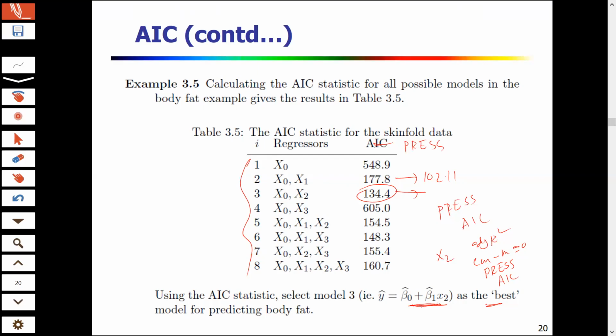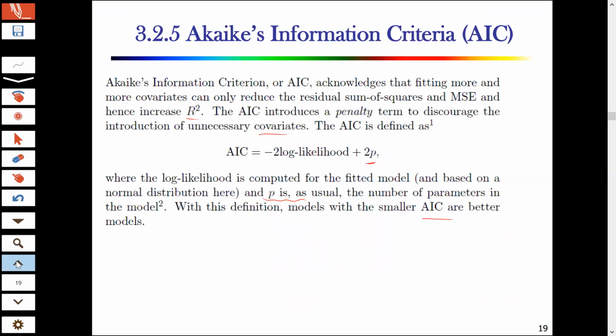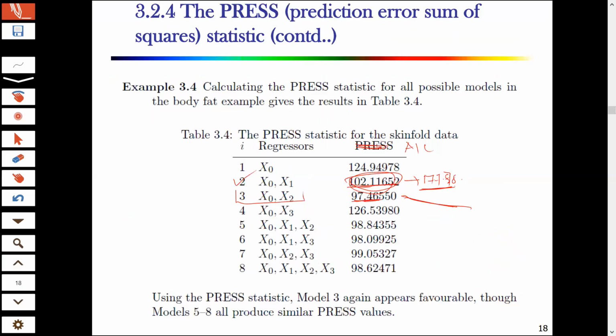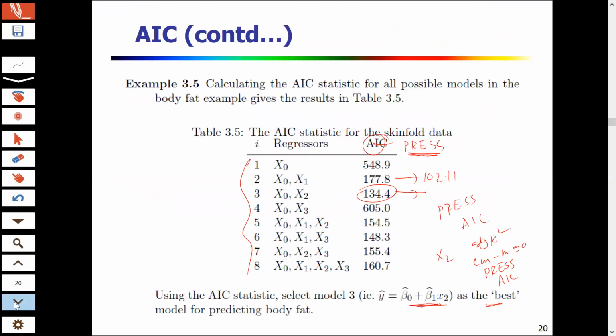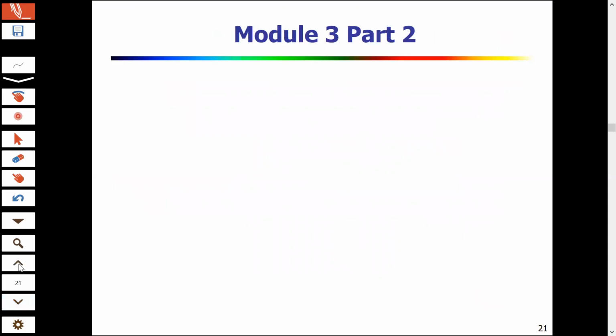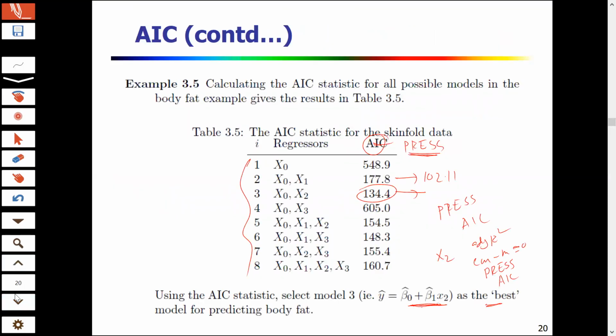And just look here, this is not the AIC value, this is basically the press value in the study book. I think this is wrong. You can calculate this, and in the previous table, this is not press, this is basically the AIC value. Okay, so that's part 1.